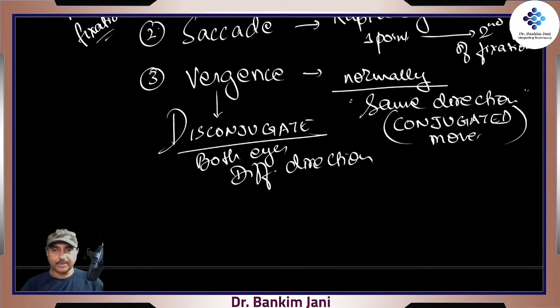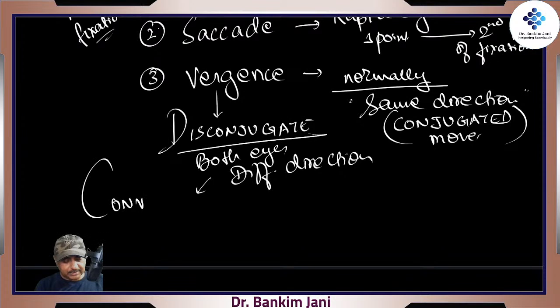So for example, you take a pencil and let it come near you, and you try to focus on the tip. You'll find that your eyeballs will be looking towards the pencil, so they both will converge. So this is what is called convergence.